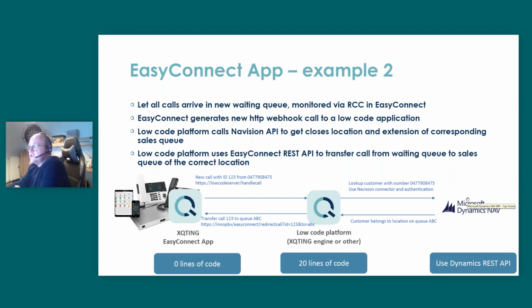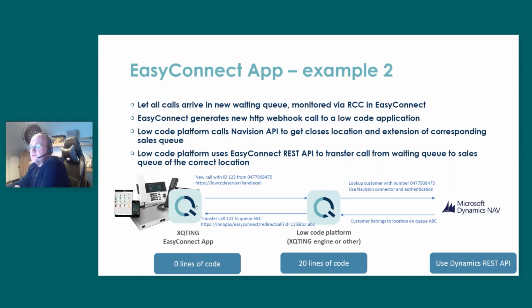And based on this location, we also know the number of the queue where he needs to go, okay? Once we get the information from Navision, we then transfer the call with the RCC API that is available in EasyConnect, which is a basic REST call, and we transfer the call to the right waiting queue of the right sales team, okay?